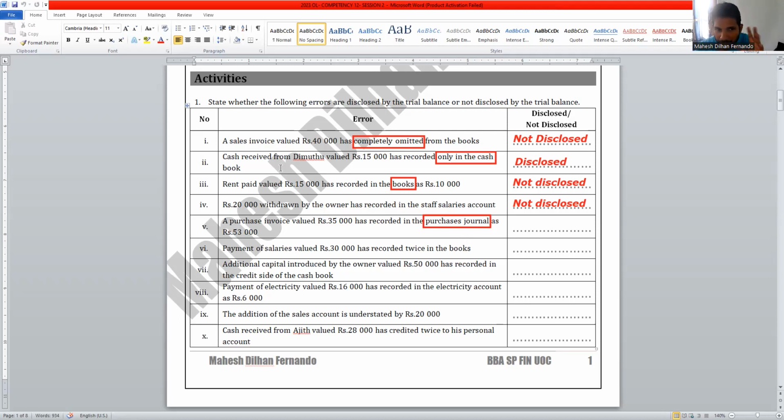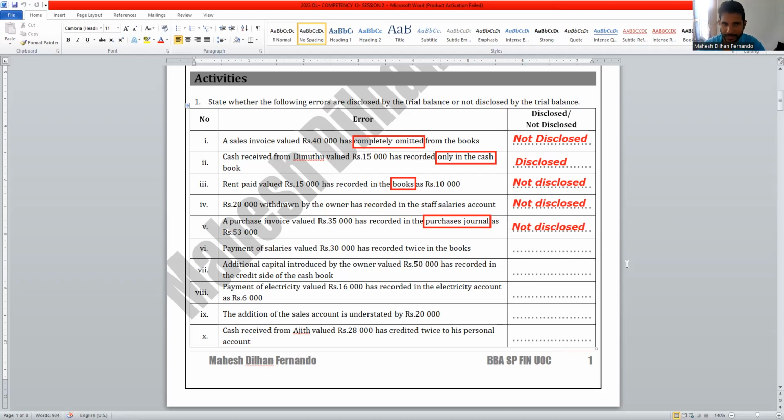However, what we have done is record the correct value of 35,000 in the purchases journal as 53. Therefore, even this is an error of complete commission, and this error is not disclosed.